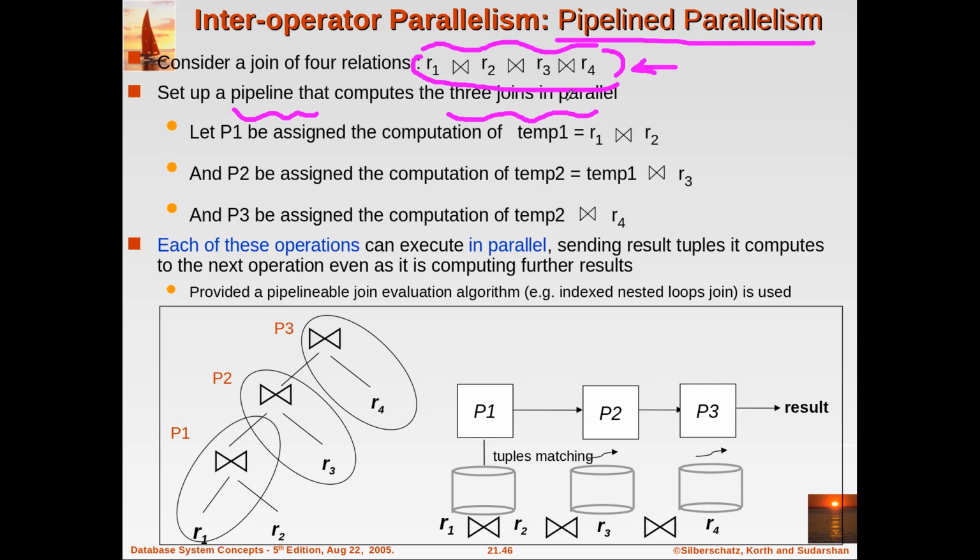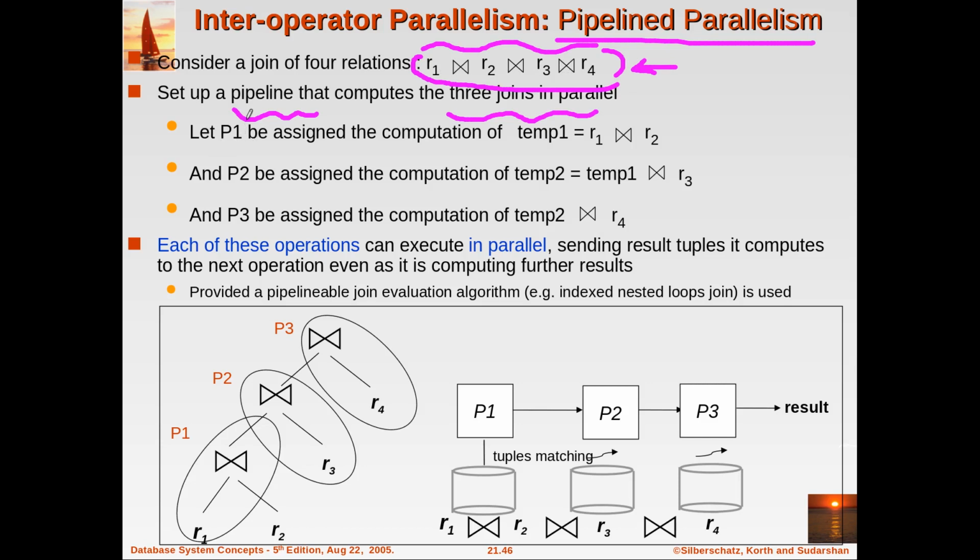Like you will remember memory write, reading, then processing, CPU execution, and so on. We have different stages of operations executed in an interleaved manner. That is called pipelining. So here, how can we apply pipelining on this join of four relations R1, R2, R3 and R4?